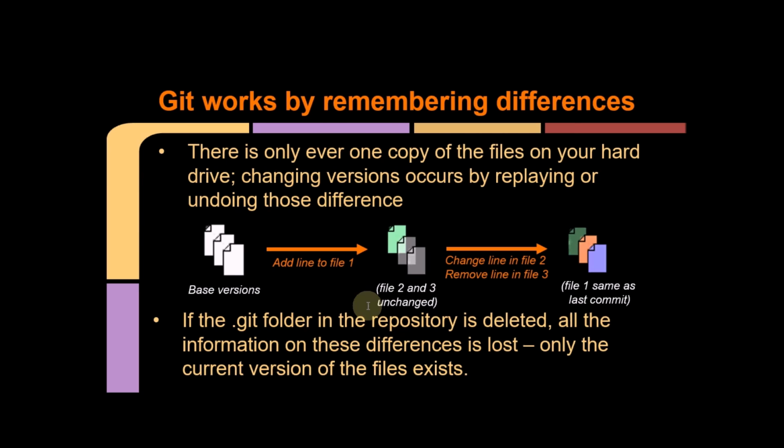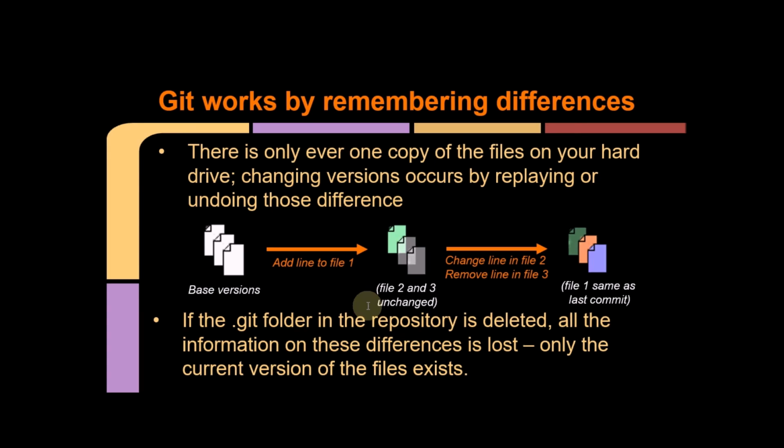So for instance, if you start off with the initial commit and then add a line to file 1 and make a new commit, then that middle stage is not a new copy of file 1 and file 2 and file 3. What Git remembers is that from the base version to the second version, you added line 2 to file 1. File 2 and 3 haven't changed, so it knows that if it's in that middle version, it needs to add that line.